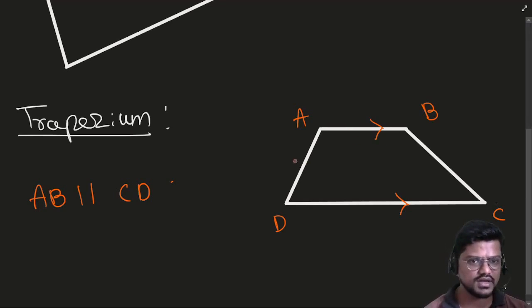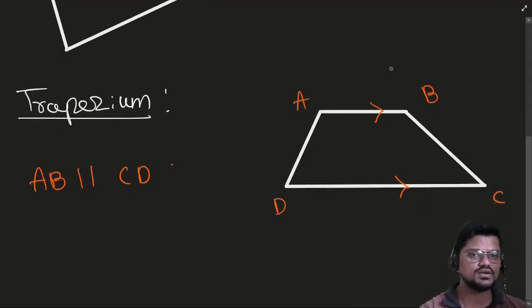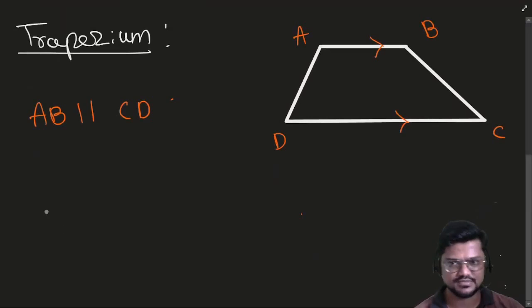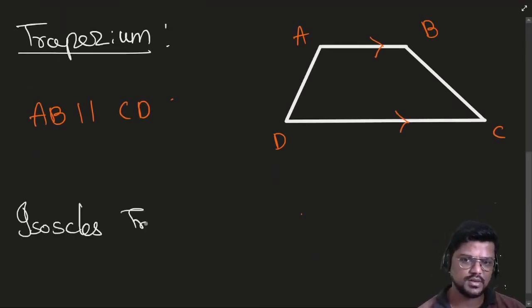It is not important that this side should be equal to this side. It can be unequal also. But if the two sides are equal, then we can call it an isosceles trapezium. What is an isosceles trapezium?